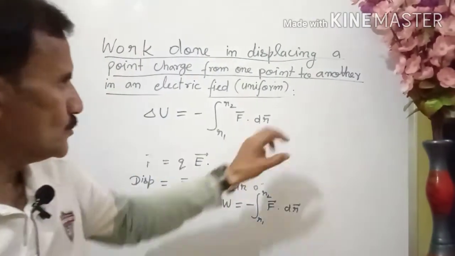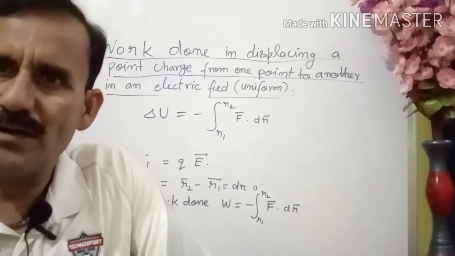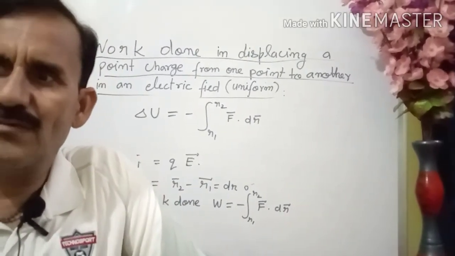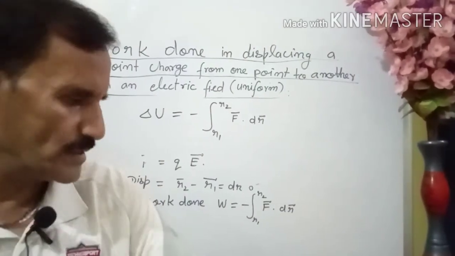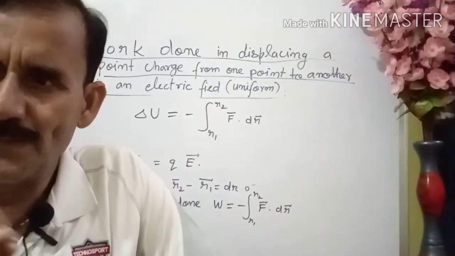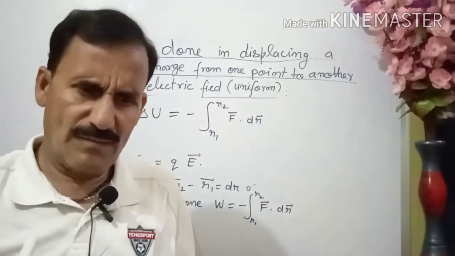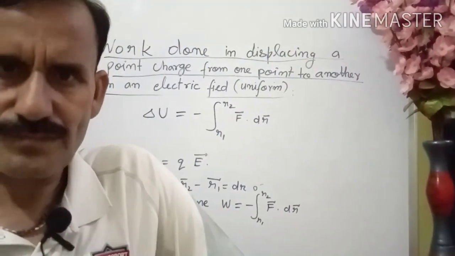And why is there integration? Because you add for small intervals, and when you add, summation converts into integration. Integration is defined as summation. So always remember, integration means there is summation also.